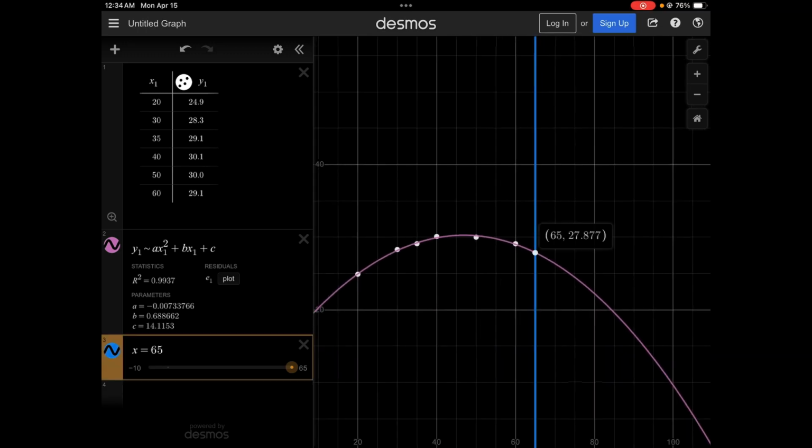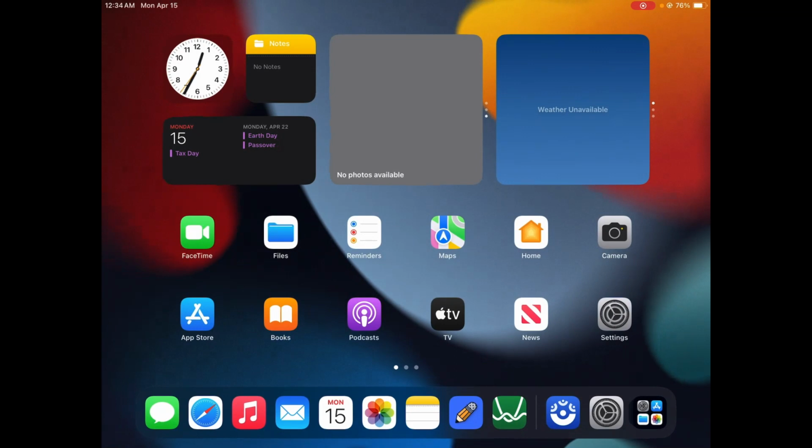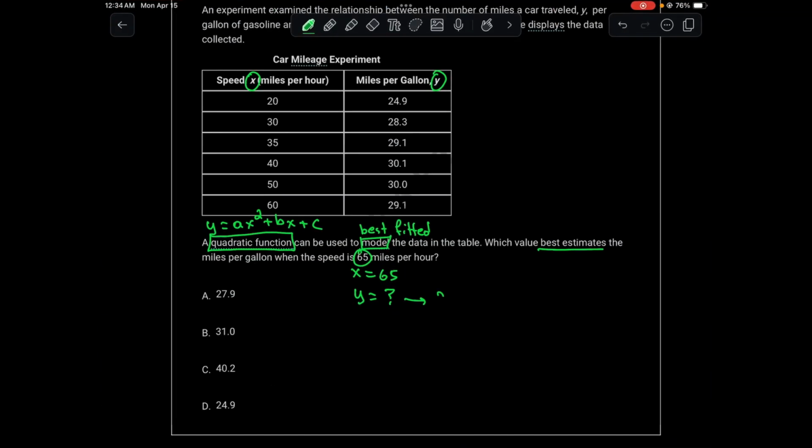You don't have to work really hard to find it. Well, 65 goes with 27.877. So let's see if we have y that's 27.877. Let's see which one matches that.